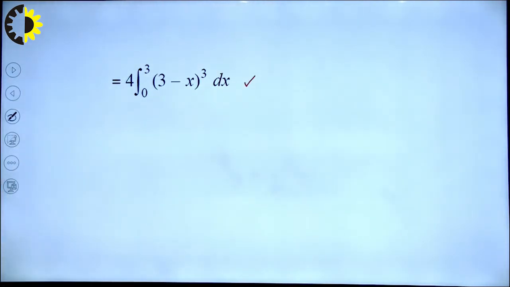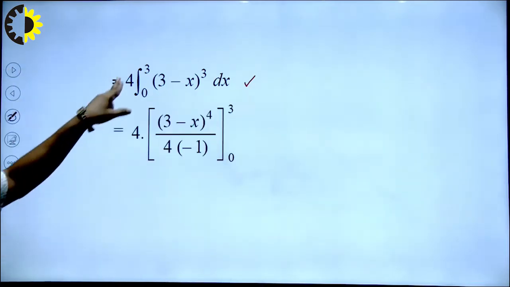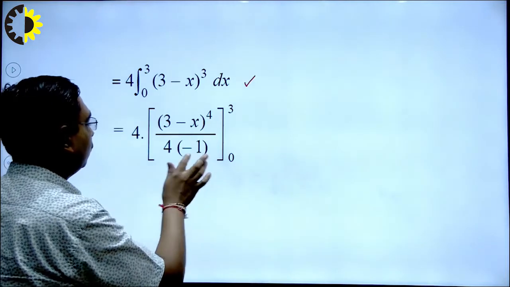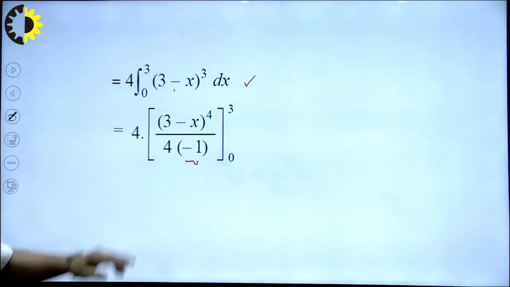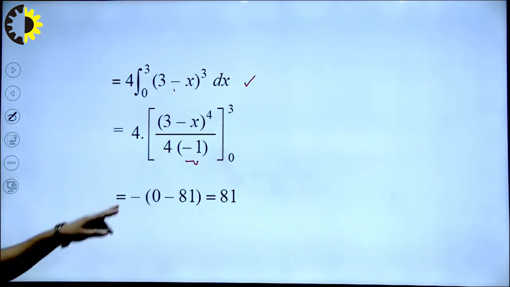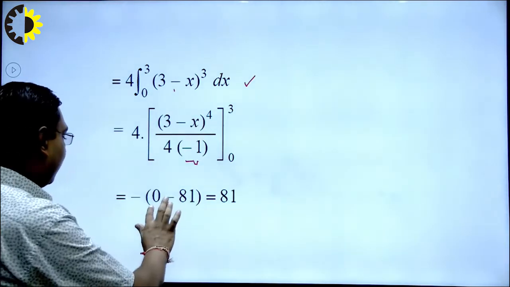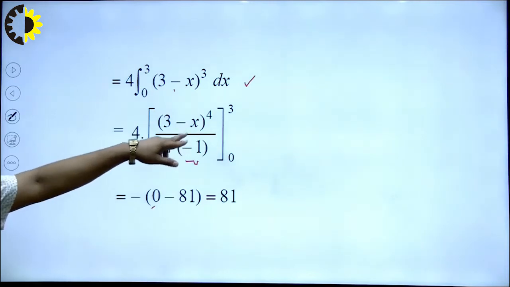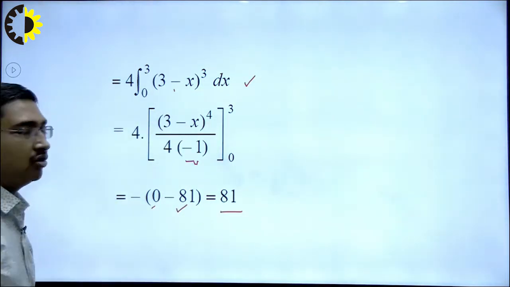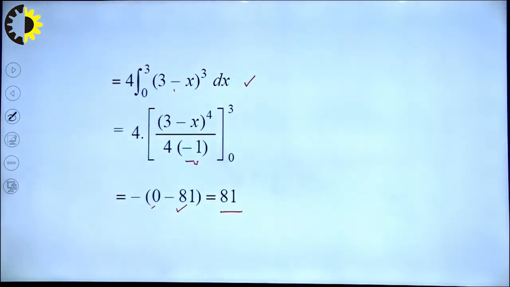Limits from 0 to 3. Integrating, it will give (3 minus x) to the power 4 upon 4, minus 1 in division because the coefficient of x is minus 1. Applying limits, substituting 3, everything will be 0. Substituting x equal to 0, it will be minus 81, and the value of the integral is 81.